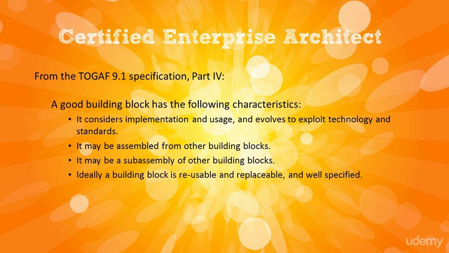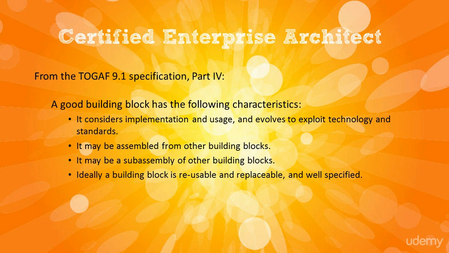So a good building block has the following characteristics. It considers implementation and usage and evolves to exploit technology and standards. In the customer service example, as people start to tweet and you want to add the ability to respond to Twitter messages to your customer service function, then this building block evolves over time.